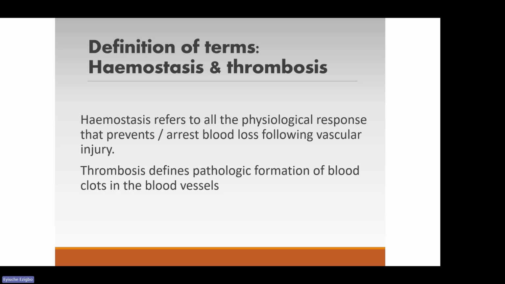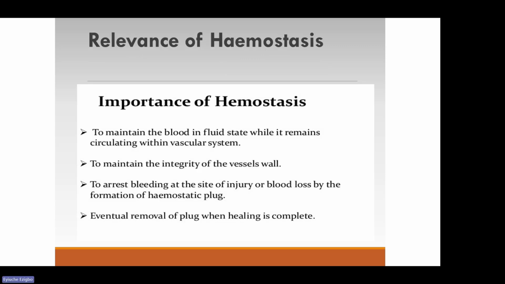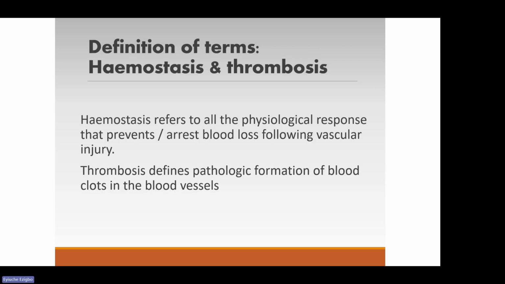And when any organ or part of the body is cut off from its blood supply, that organ will definitely die off. So these two terms, we need to understand very well.